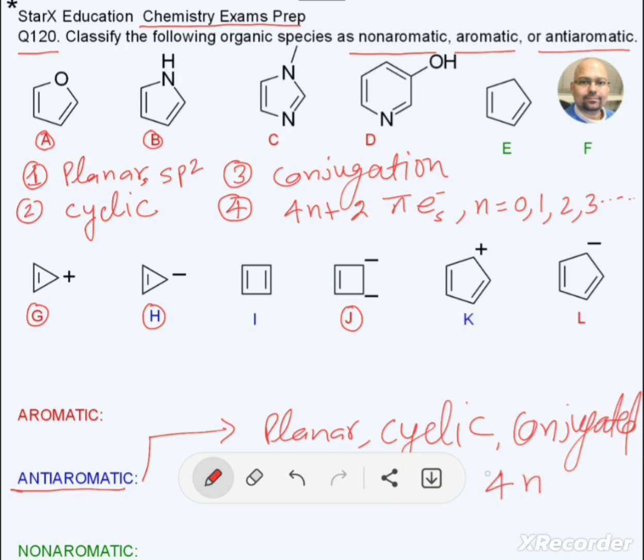Instead of 4n plus 2, there are only 4n pi electrons. Again, the n can be 0, 1, 2, 3, and so on.